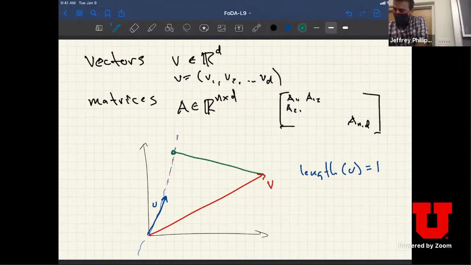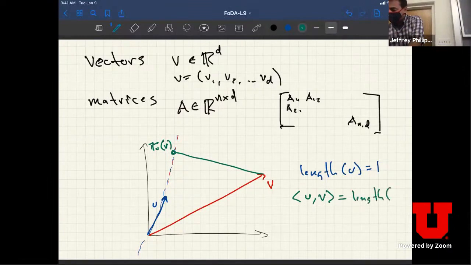This is the projection onto u of v, and if this is true, then the dot product of u and v, which is a certain type of multiplication, is going to be the length of the projection of v onto u.